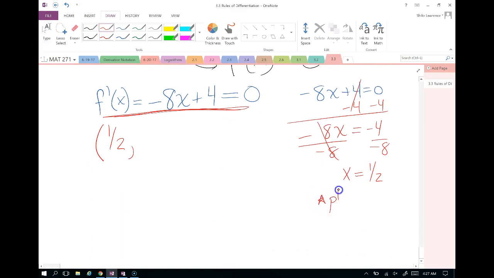So we want to plug this back into the original, plug back into f of x to find the y-coordinate, because we were specifically asked to find a point. So we want to find f of 1/2.